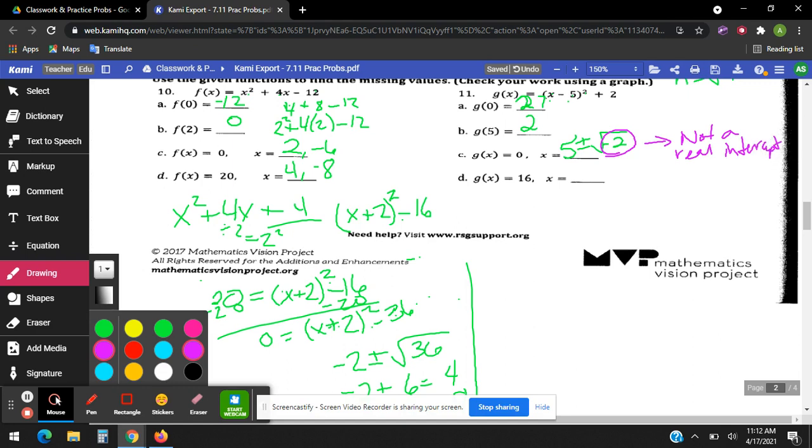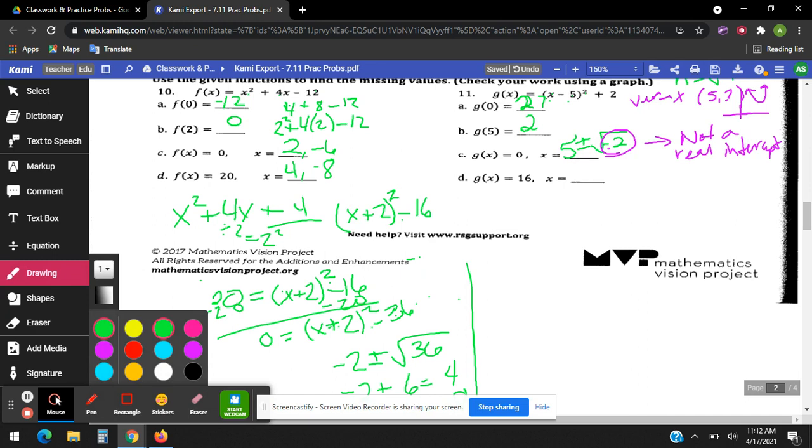So part of the problem is it will never equal 0, because if you think about this, my vertex is at 5, 2, and it's opening upwards, which means it's not going to hit the x-axis. So there technically isn't an x-intercept. This is how we know, because I'm taking the square root of a negative.